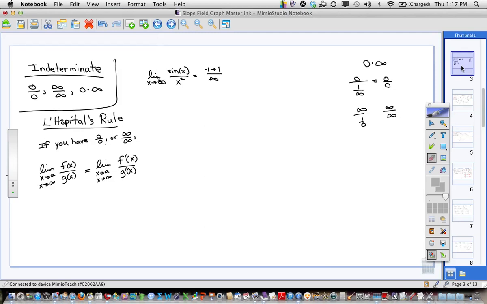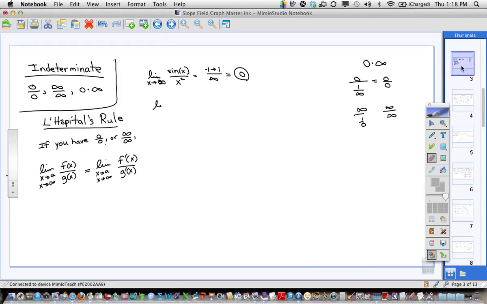If you don't have that situation, then you can't use it. So this would be what for the answer? 0. And so we get that the same way we got it on our homework today, right? So this new thing, this L'Hôpital's rule, is not something to be used on all problems. It's just another thing that can be used.